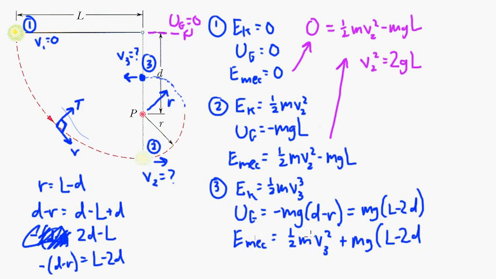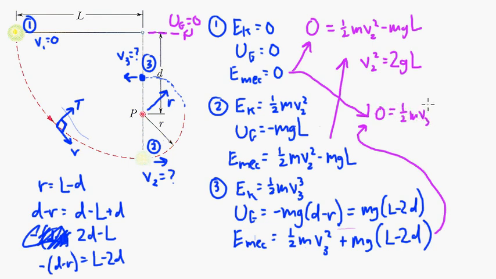We can set this equal to whatever we want, and it's a lot easier if we set it equal to mechanical energy at 1, because that's just 0. So we get 0 equals 1/2 m v3 squared plus mg times (L minus 2d).